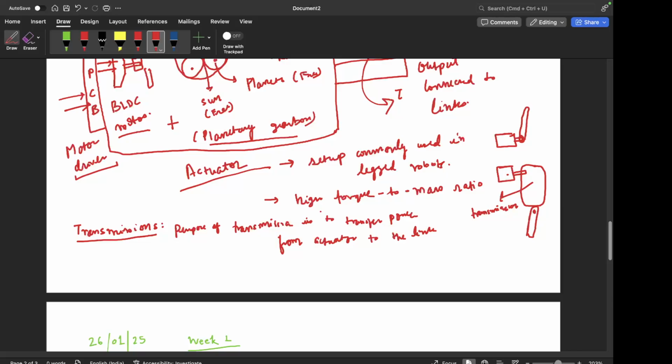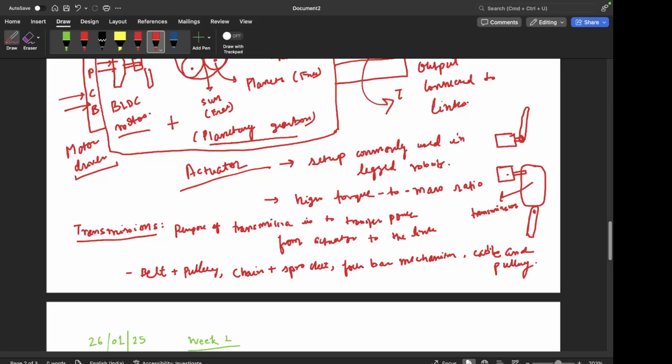Now, what are different types of transmissions that are there? Again, a lot of varieties are there, but they can be, let's say, belt and pulley, right? They can be chain and sprocket, or it can be, let's say, a four-bar mechanism, or it can be, let's say, a cable-driven mechanism, cable and pulley, right?